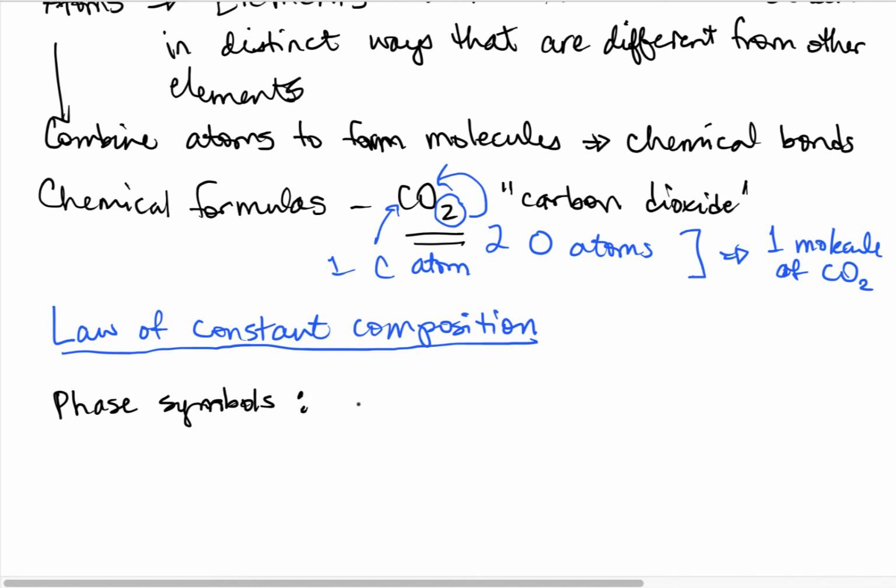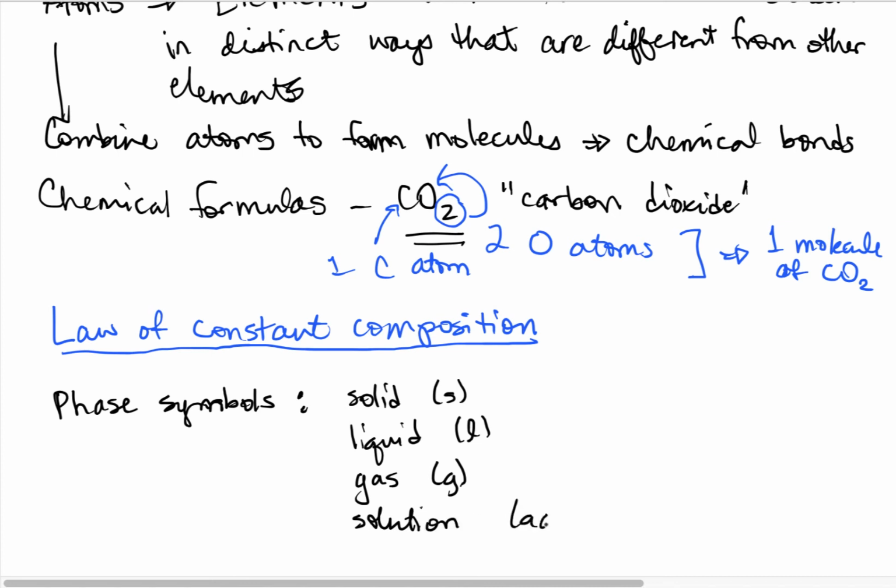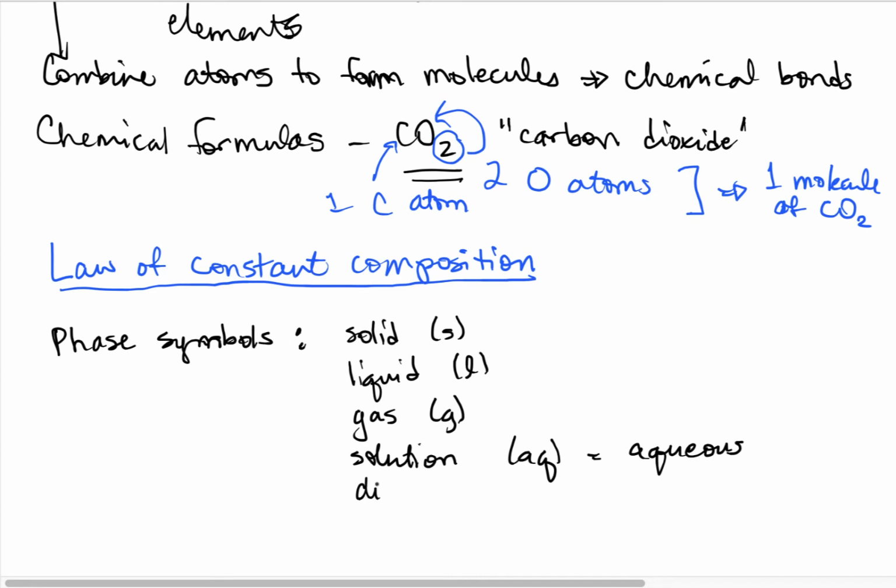Our phase symbols tell us whether we have a solid, and we're going to use an S. If we have a pure liquid, we'll use an L. If we have a gas, then we'll use a G. And if it's a solution dissolved in water, then we use AQ for aqueous. It's not just any solution, it's a solution dissolved in water. We're going to talk extensively about solutions later, but these are just introductions.